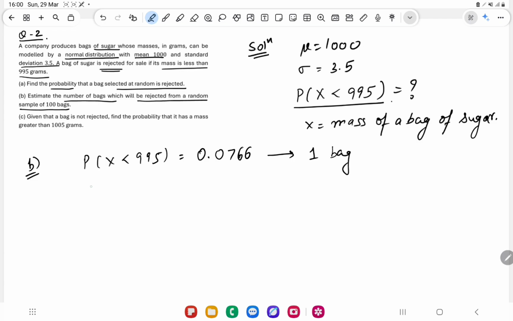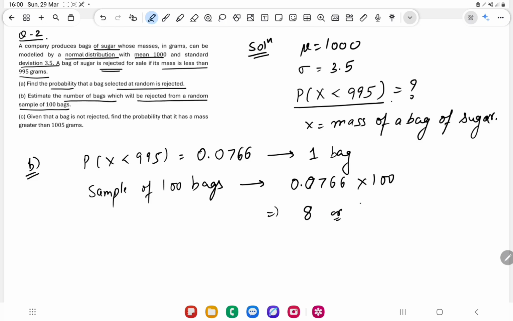Since we are talking about a sample of 100 bags, I will multiply the one bag probability, 0.0766, with 100. I will get a value of nearly about 8, or you can write your answer as 7.66 as well. So this will be my required probability.